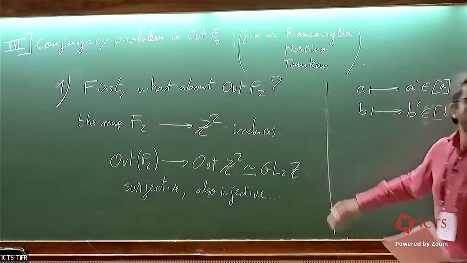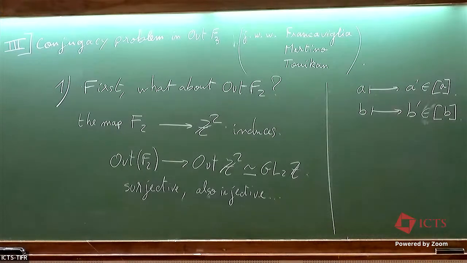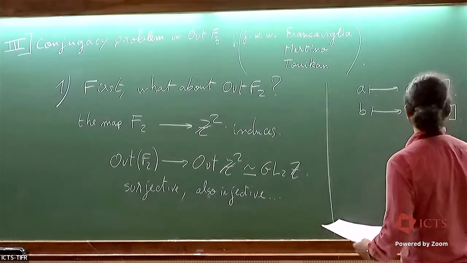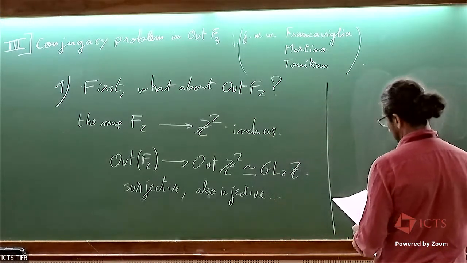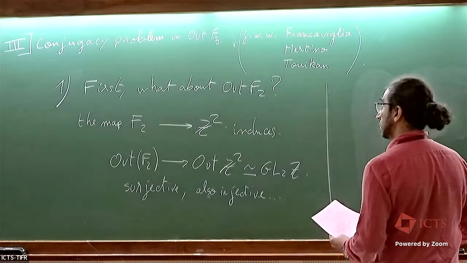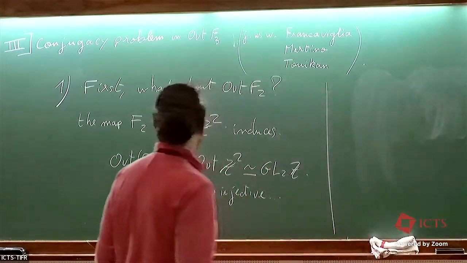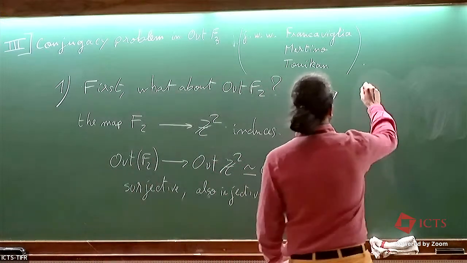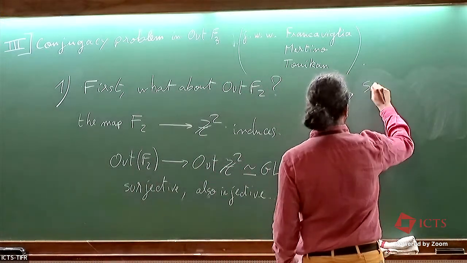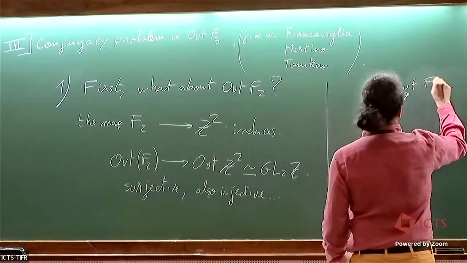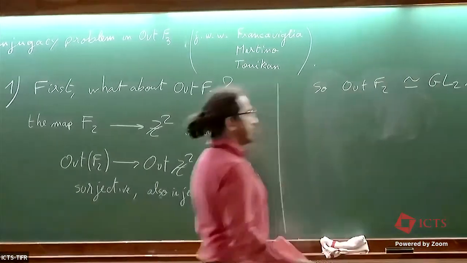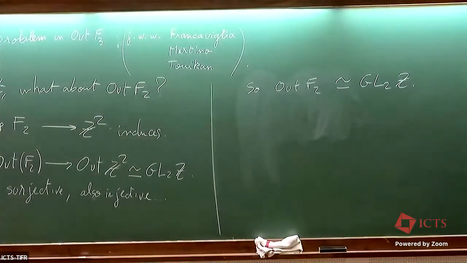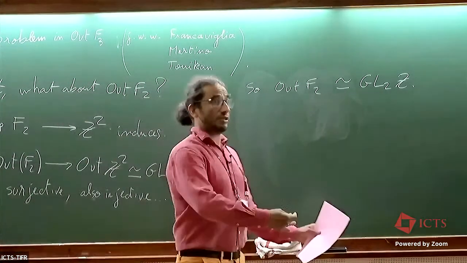But I mean, SL2(Z) will come into the picture in a second. So Out(F2) is isomorphic to GL2(Z).